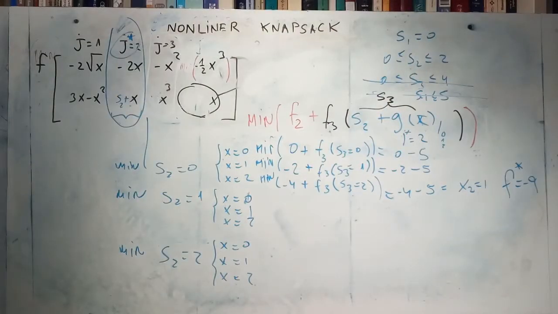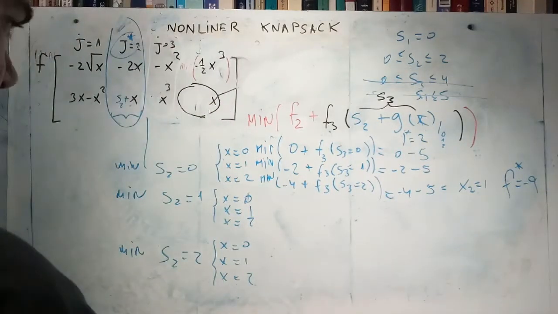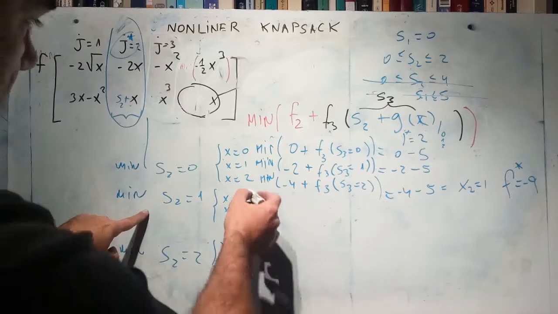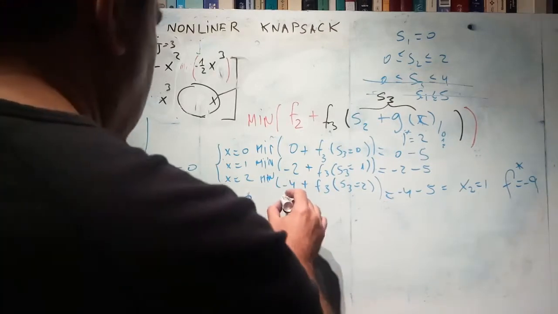Okay, this is done. And now substituting s2 being 1 and also the value of 0, 1 and 2.